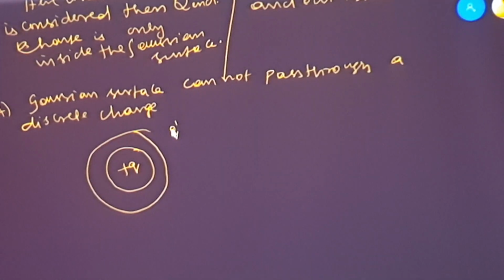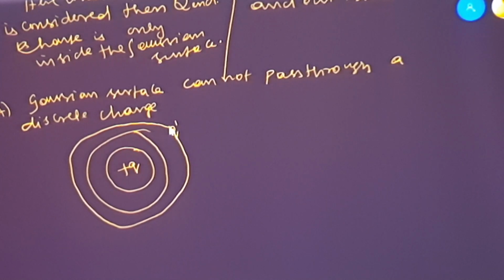But this Gaussian surface should not pass through this discrete charge q dash. This third Gaussian surface is wrong, it is not possible. If you draw a Gaussian surface around a charge, it should not pass through a discrete charge.